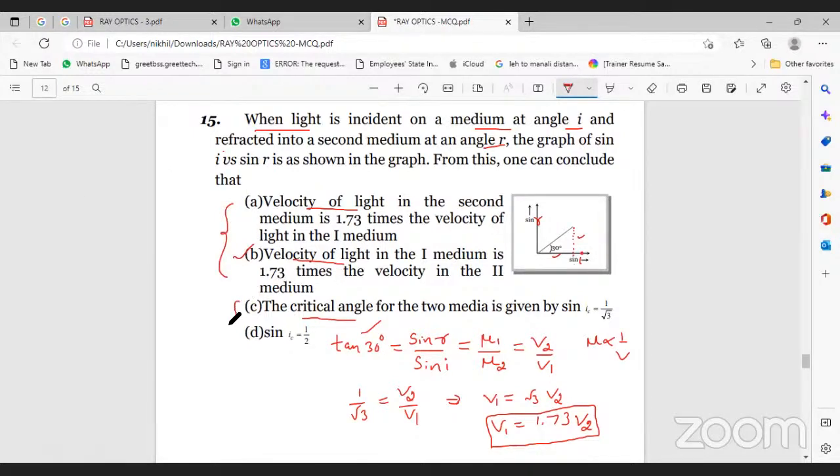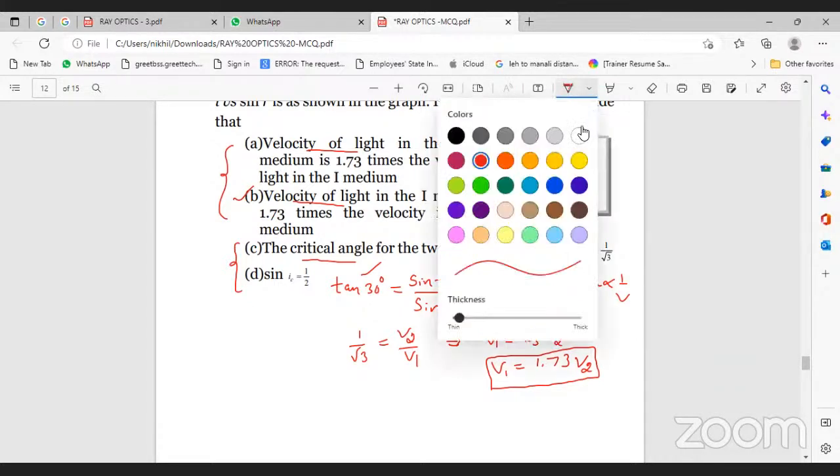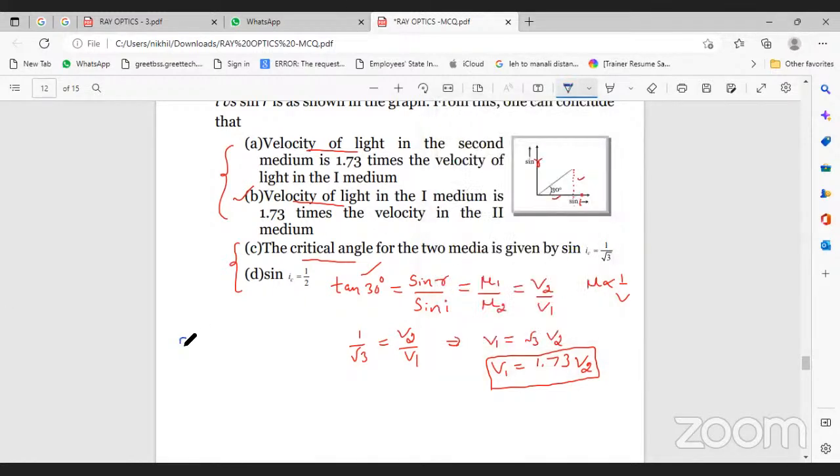But please cross check the critical angle conditions also. Please be very careful. Now you know what the critical angle is.